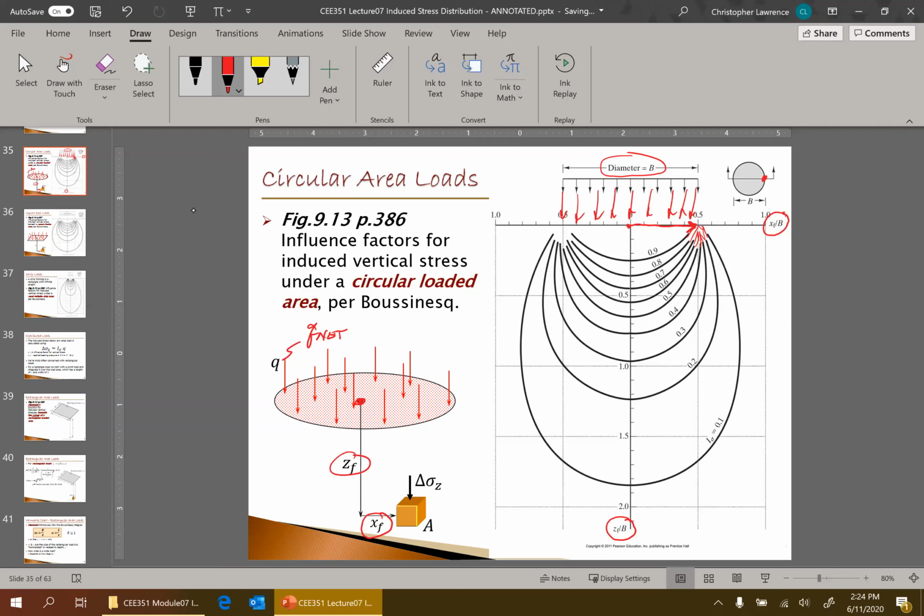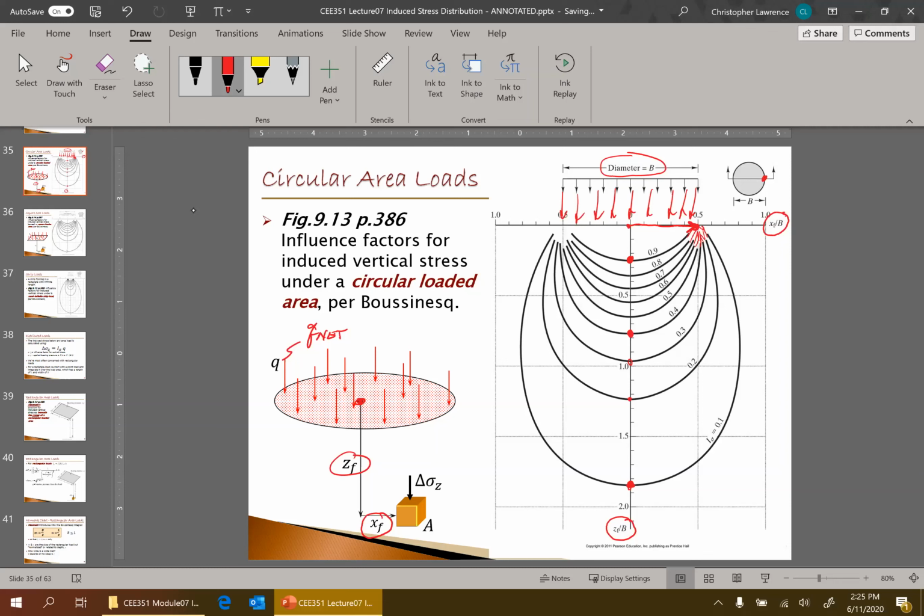You're right on the edge of the circle, and we can see a stress concentration right there. Directly below the center is where we see the maximum stress. But when we get to the edge, we still see some stress. It's not exactly zero. Then as we go down with depth, at any depth, directly below the center is the maximum stress. As you go a lateral distance away from the center line, you still have some stress.